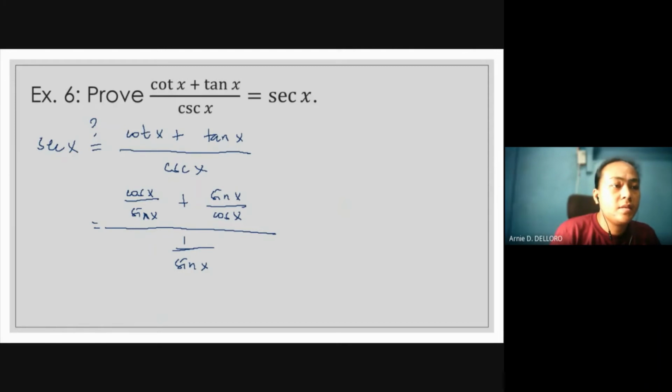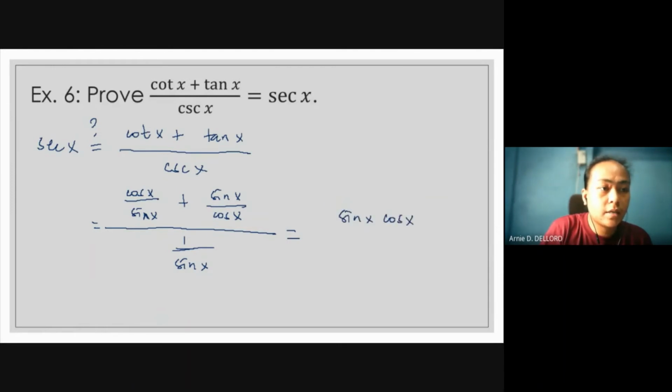Okay? Dito na ako. Now, we can simplify this one kasi one of the tips is, sabi doon, gawin yung isang fraction lang yung mga identities. Trigonometric functions. So, in this case, we have the LCD of the numerator is sine x cosine x.